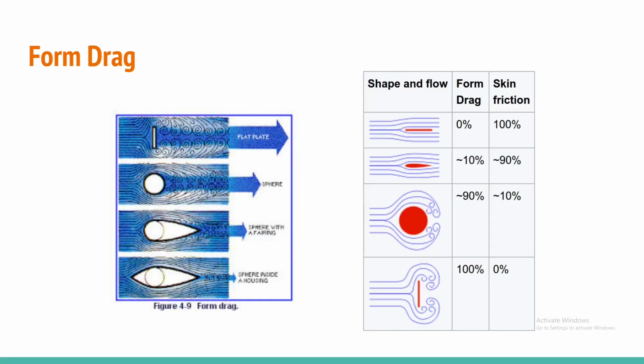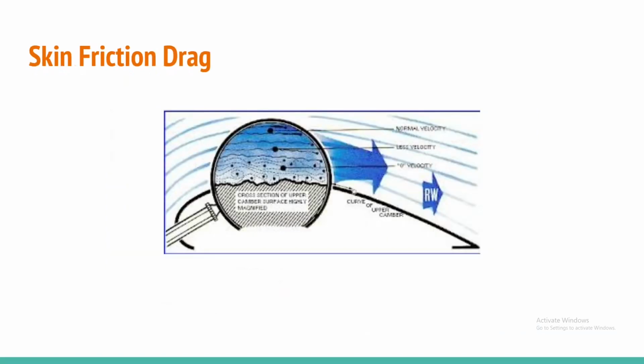Form drag, also known as pressure drag, arises from the shape of the aircraft. A streamlined body, like an airplane body, allows air to flow smoothly around it, minimizing the low pressure wake behind the object. The friction between the air and the surface of the airplane causes skin friction drag.